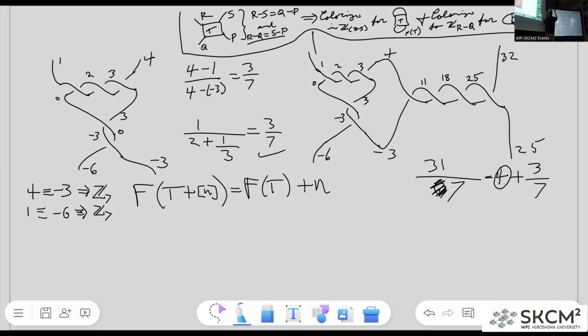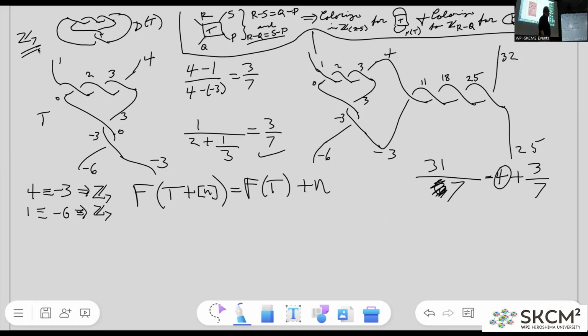So for example, here, if we decided to close it this way, this is the denominator of t, and here we need Z mod 7. Then we actually are looking at a coloring that works in Z mod 7, because it works fine all over the interior.